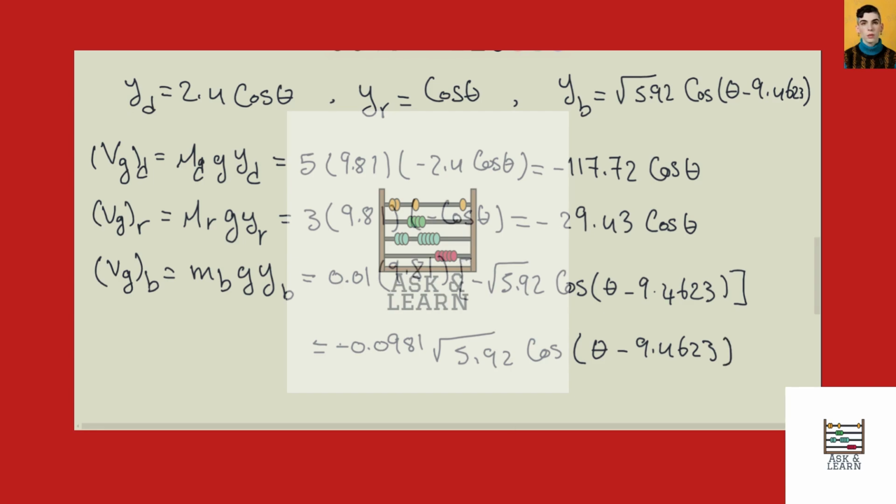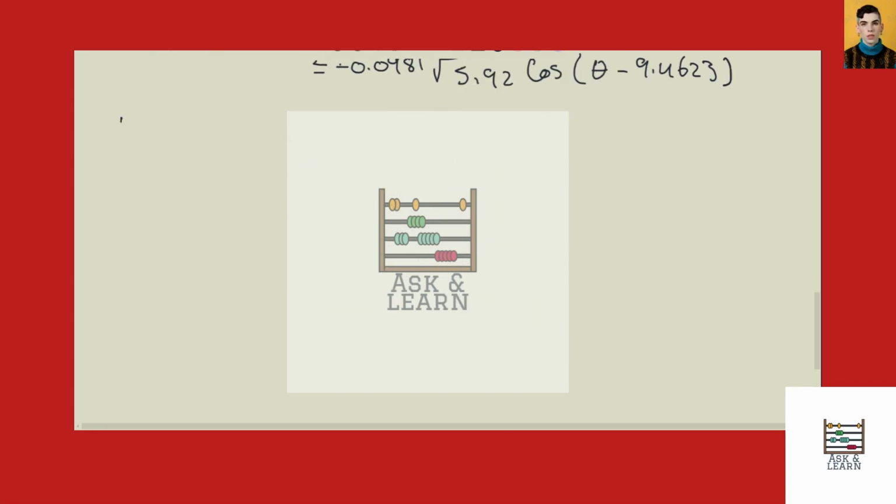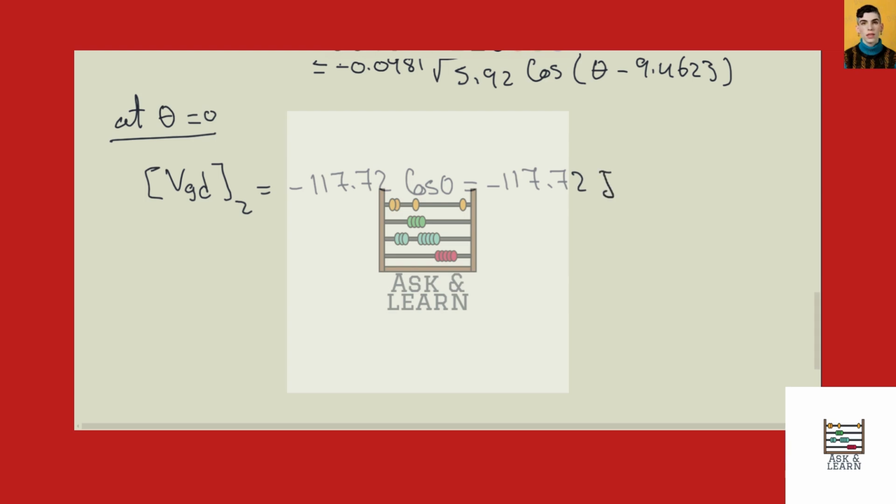At theta equals 0, we can say that VGD at point 2 equals negative 117.72 cosine 0, which is equal to negative 117.72 joules.